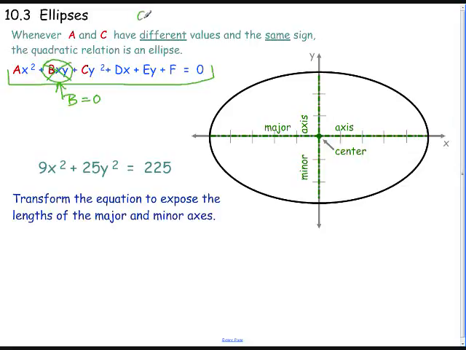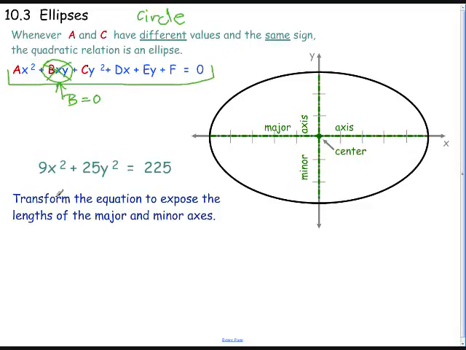In a circle, what did we know was true about A and C? They were exactly the same value. In an ellipse, A and C, the coefficients on x squared and y squared, are going to have different values and the same sign.